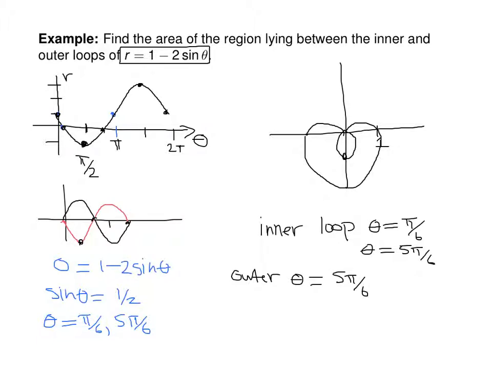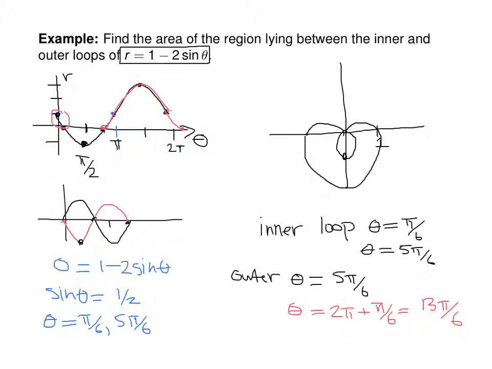And what we have to do is go all the way to 2 pi, and that little extra bit down will be an additional pi 6 past. So the ending point is 2 pi plus pi 6, which is 13 pi over 6.